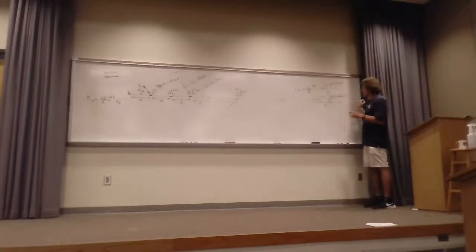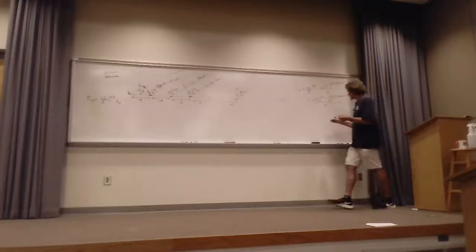Now, you all see how this is going to progress, right? The next one would be K I naught e to the j 3 alpha. I'll write this one more.